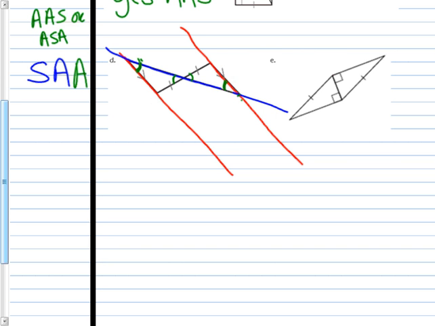So it really comes down to the side. Is the side in the middle of the two angles? In this case, it's not. We have two angles, and the included side would be this one right here. But we're not using that side. We're using a different side. So for this answer, it would be yes, AAS. Okay? Yes, angle, angle, side.